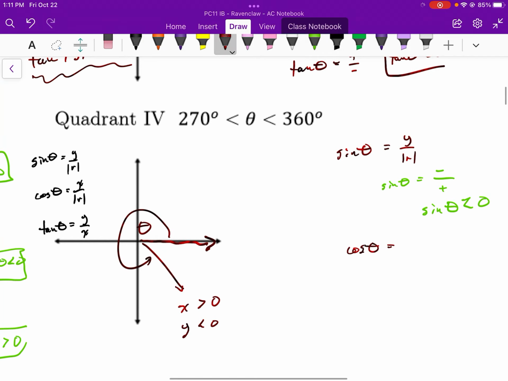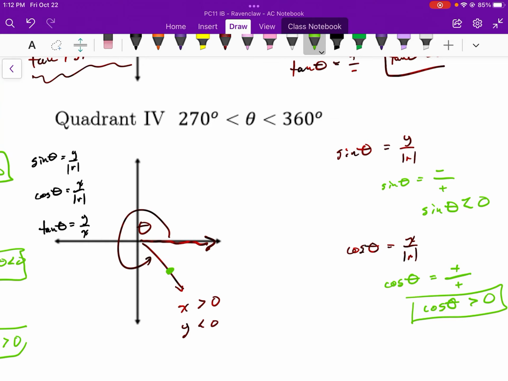Cosine theta is equal to x divided by my radius vector r. All points in quadrant number 4, the x values are going to be positive. By definition, my radius vector r is positive, so all angles in quadrant number 4 will have a positive cosine. Try it out.